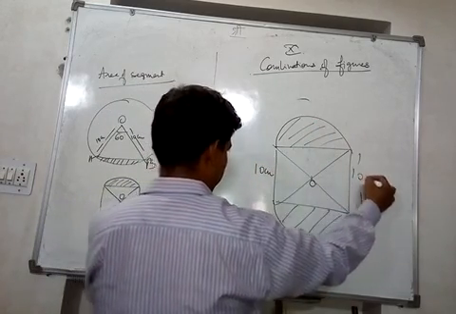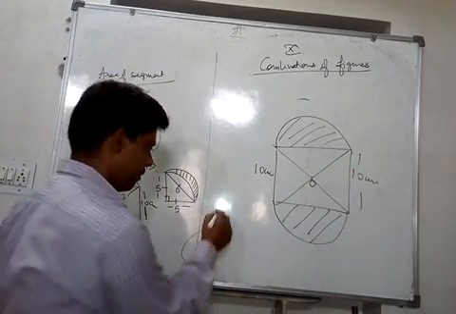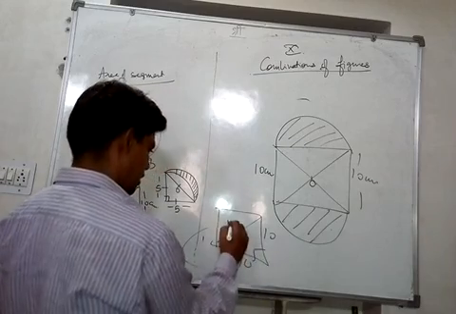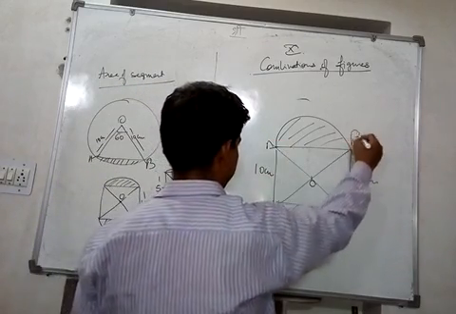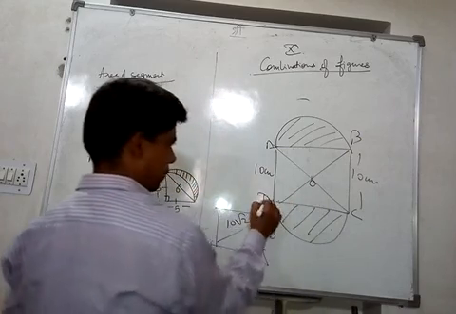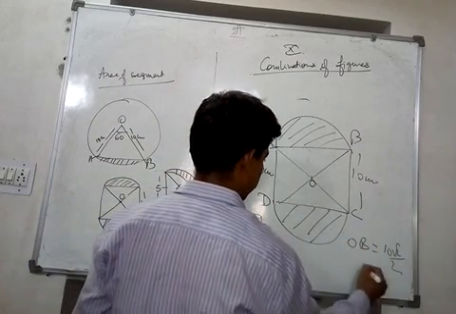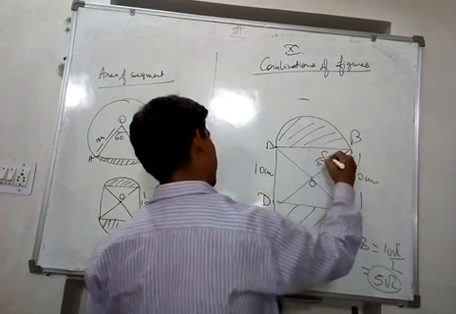You should know this formula: if this is 10 and this is 10, then the diagonal is 10 root 2. So this is A, B, C, D. OB is equal to 10 root 2 divided by 2, that is 5 root 2.